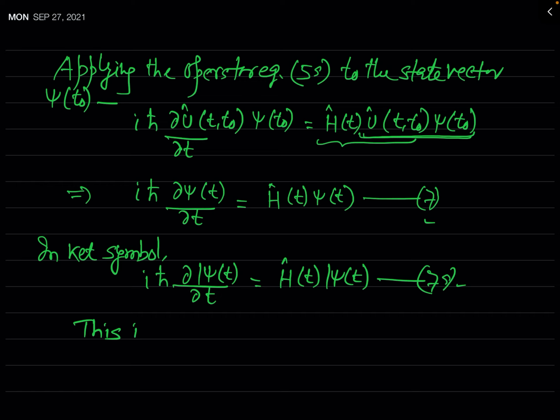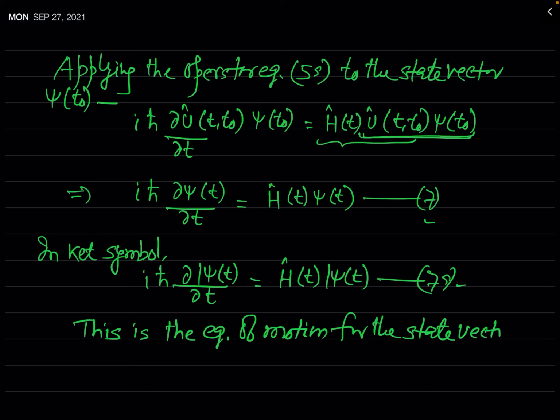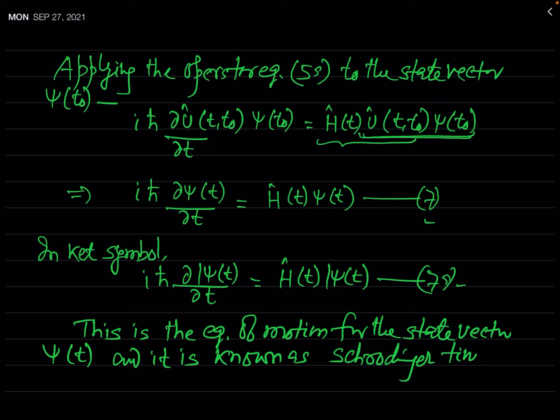So this is the equation of motion for the state vector psi of t or ket psi of t, and it is known as the Schrodinger time-dependent equation.